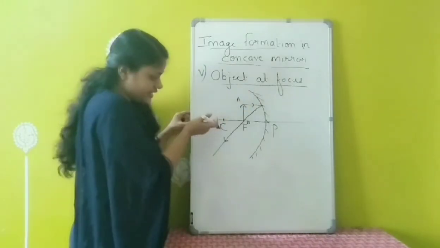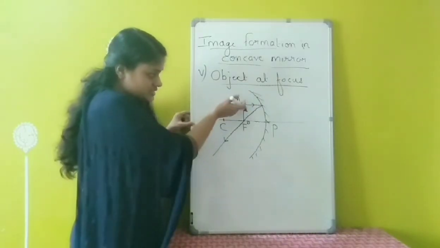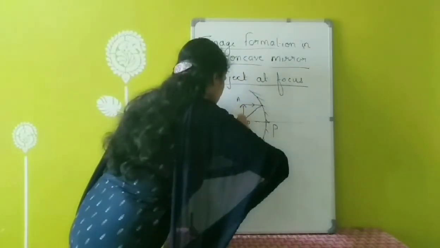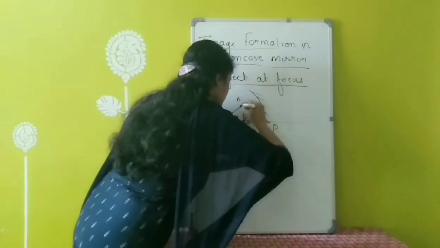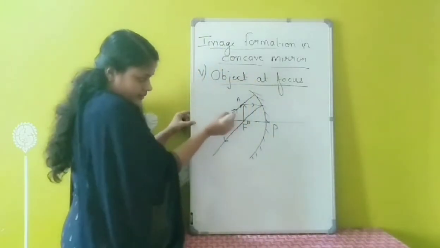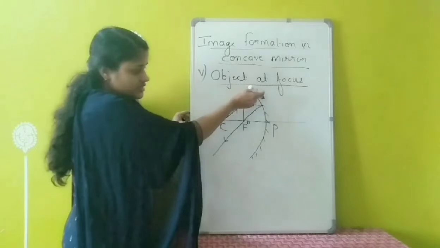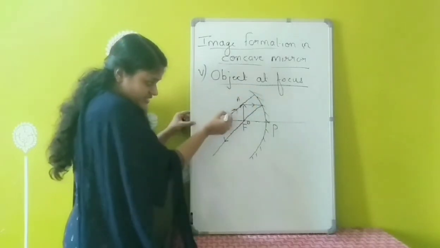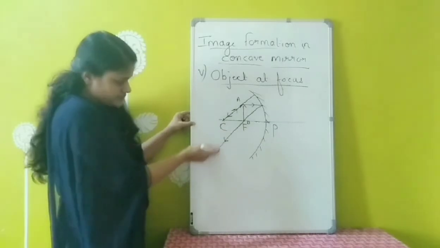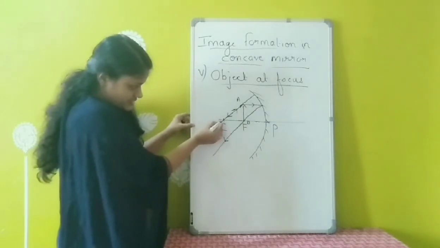So I am drawing a light ray connecting center of curvature, object and the mirror. After reflection, it retraces its path. This is the first reflected ray, and this one is the second reflected ray.